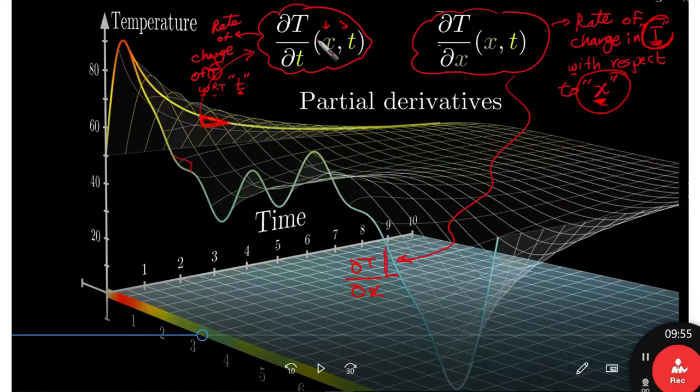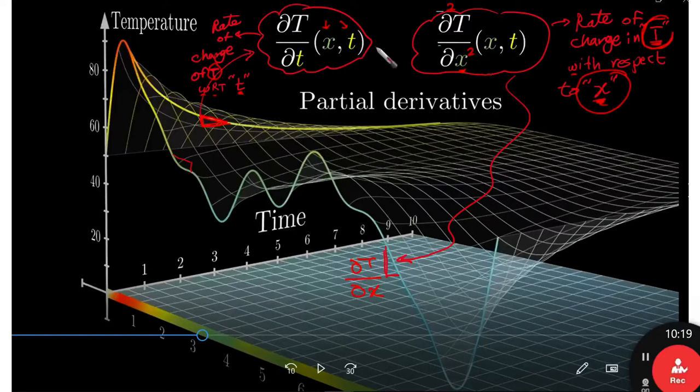We found that these two are going to be related together, but here we are not going to find that this rate of change of temperature is directly related to the rate of change of temperature with respect to x. We found that it is related to exactly the second derivative.